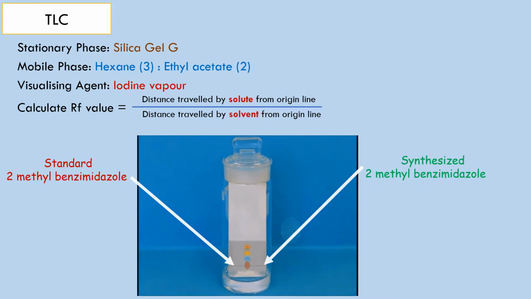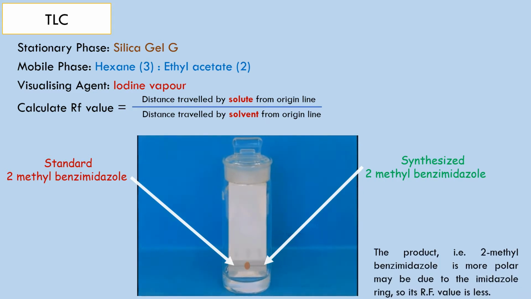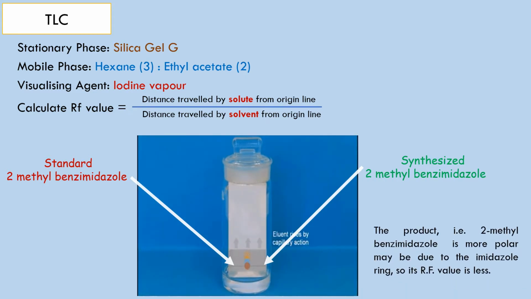After removing the plate, make it dry, put it into the iodine vapor chamber and visualize the spot. 2-methylbenzimidazole is more polar, it might be due to the imidazole ring. So therefore its Rf value is.